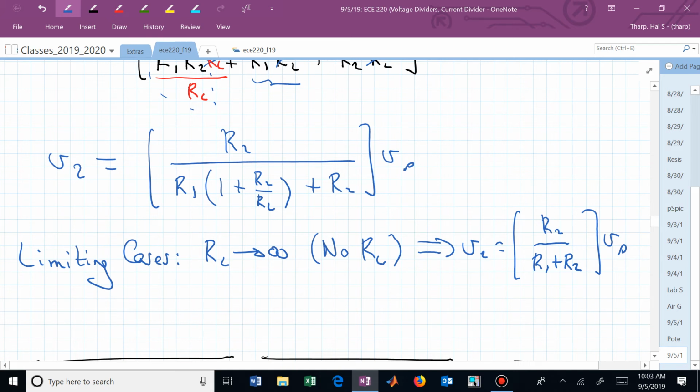And that formula actually is consistent. If we let R sub L go to infinity, that second term in parentheses vanishes, and we're back to R2 over R1 plus R2, our standard classical voltage divider formula.